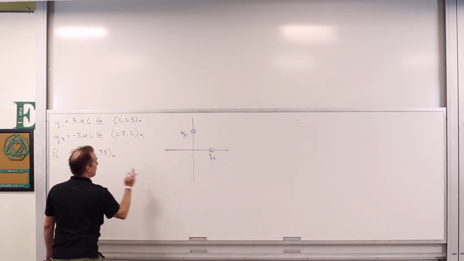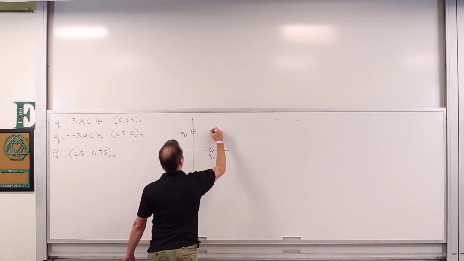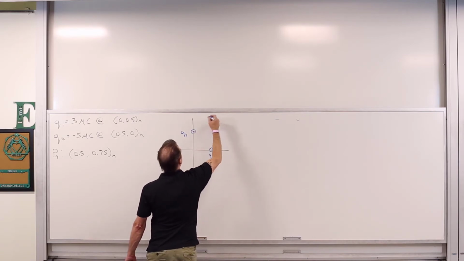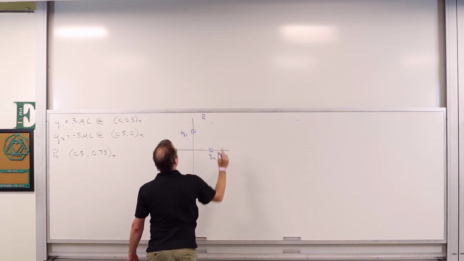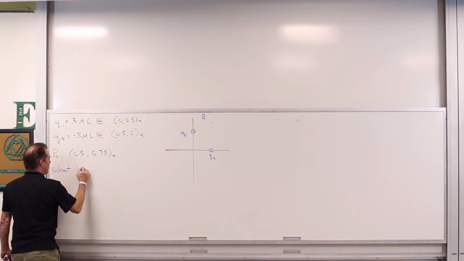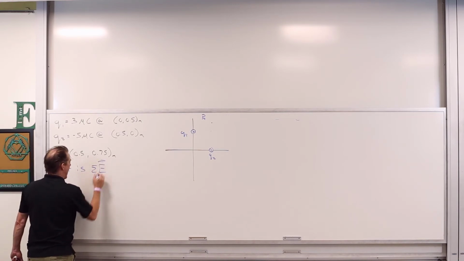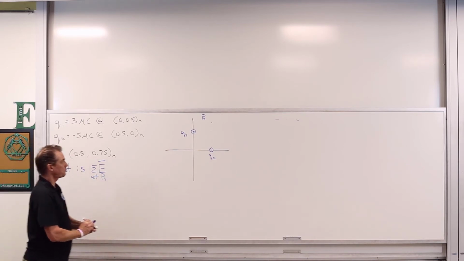So we go over 0.5 and then we go up 0.75. So there's 0.5, 0.75, about half that distance. So we're going to come up to right here now. So this is our P4. And the question is, what is the sum of E hat at position P4?